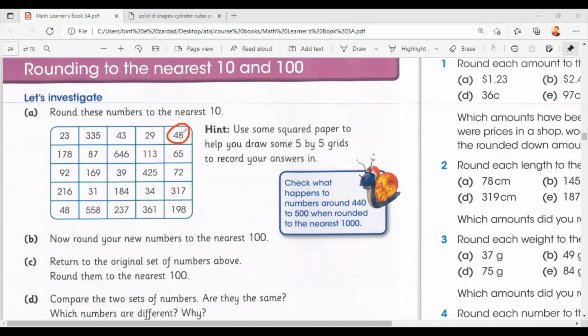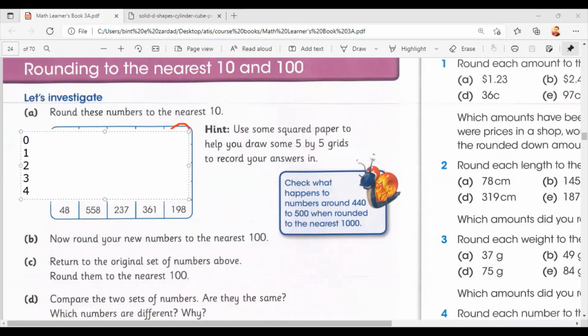So if the last digit, this one, is less than 5, for example maybe 0, maybe 1, maybe 2, maybe 3, or maybe 4, we are choosing the smaller number.